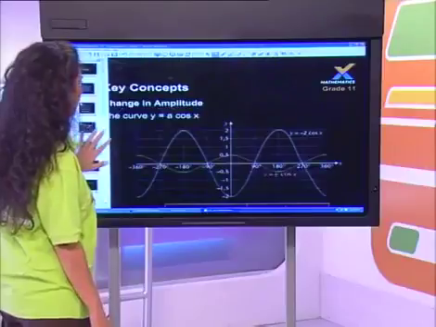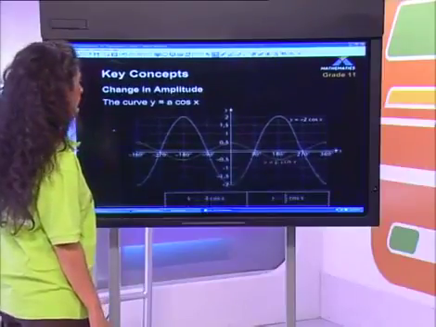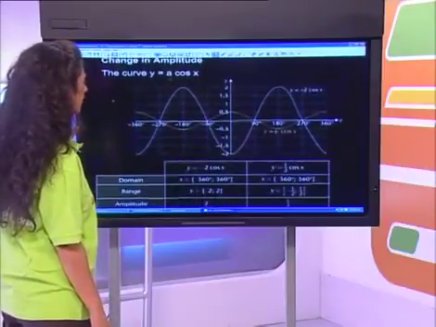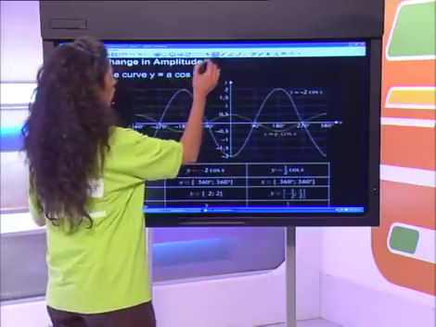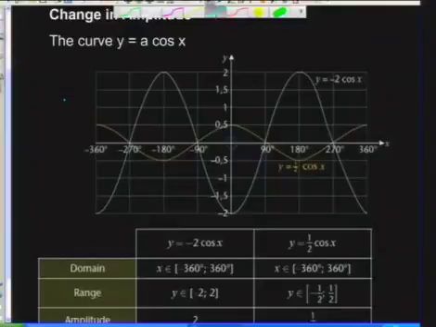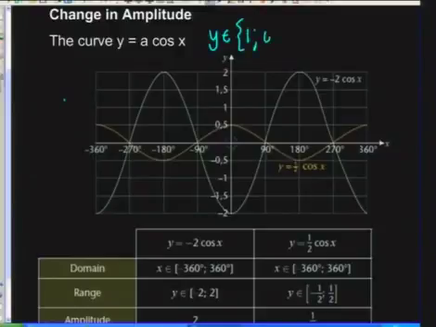Then, if we look at the graph of y equals a cos x, still a change in amplitude. Notice that for the cos graph, my y values starting at 0 would be 1, 0, -1, 0, 1.